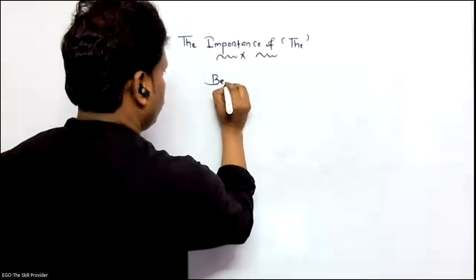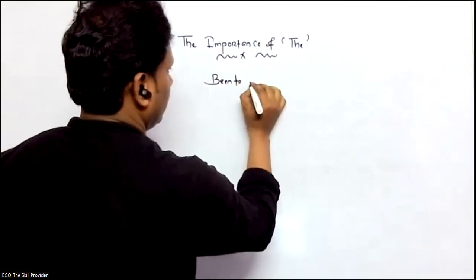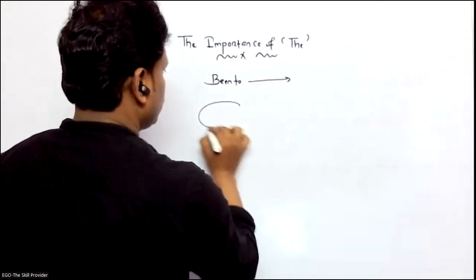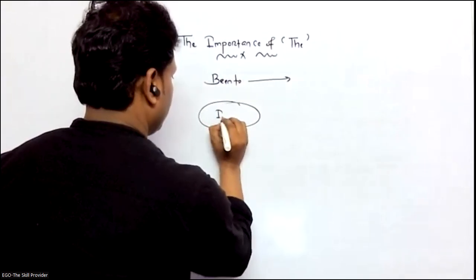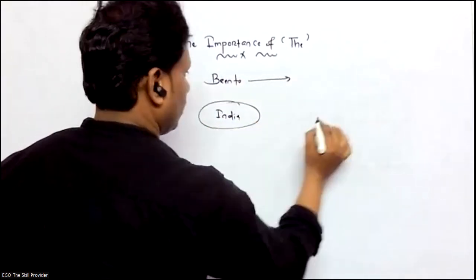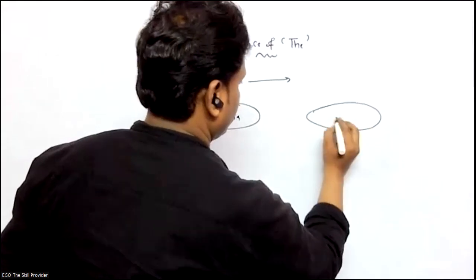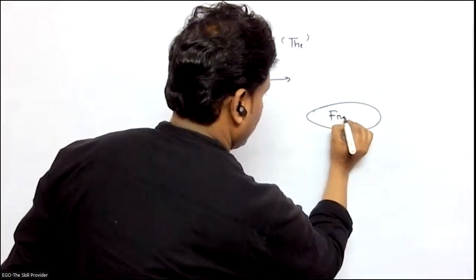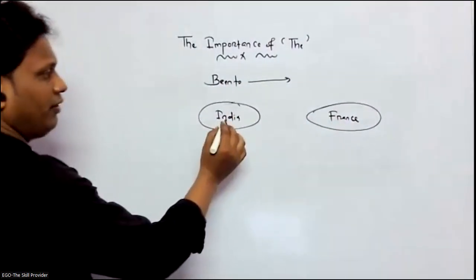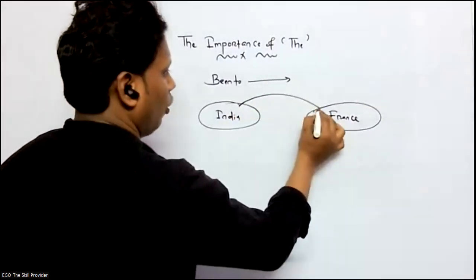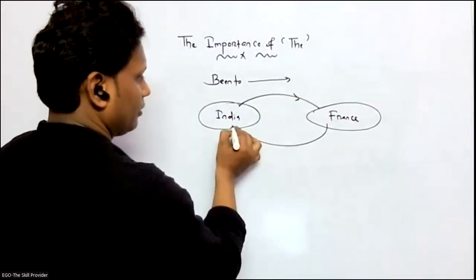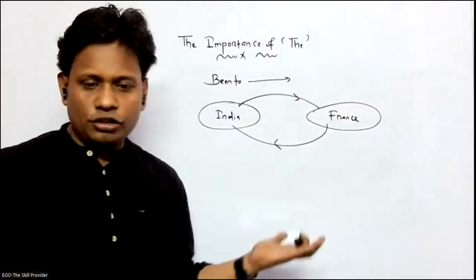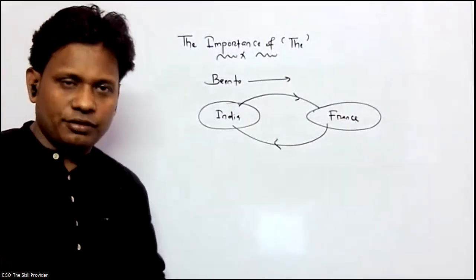Whenever I say "been to", the meaning is that, suppose, this is India and this is France. Paris is the capital of France. Okay. So whenever I say "been to", you have gone and come back. This is called "been to". It's not a big concept, right?